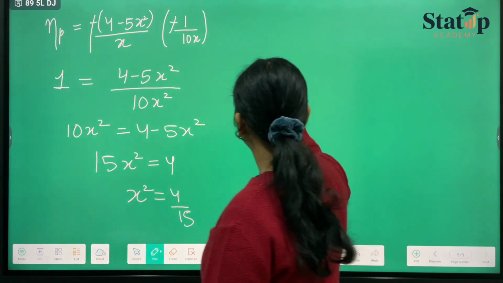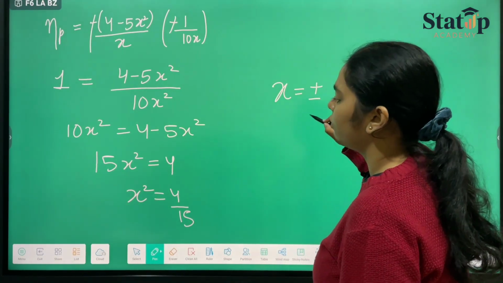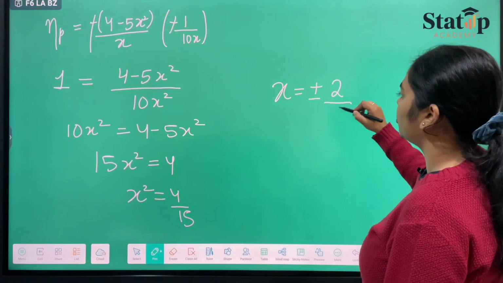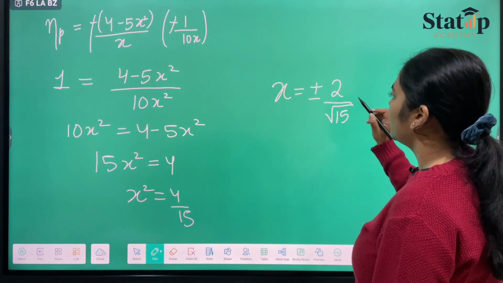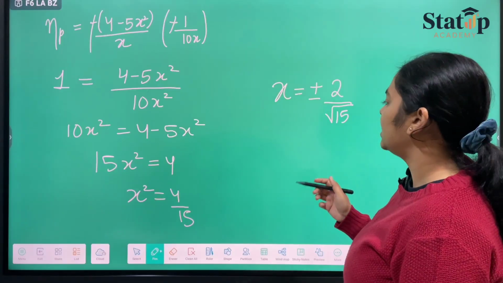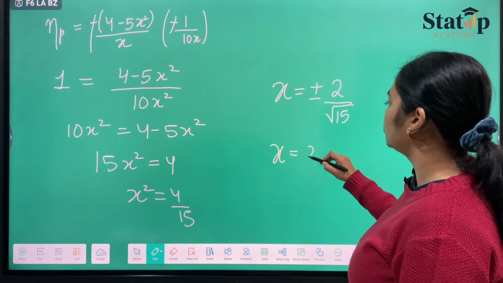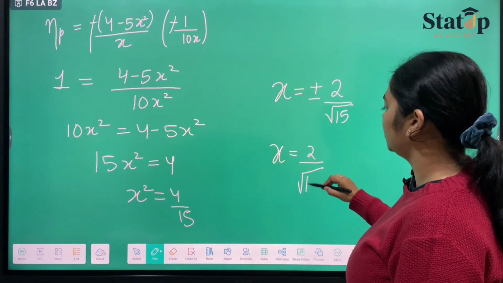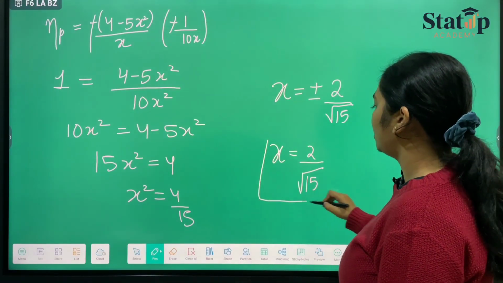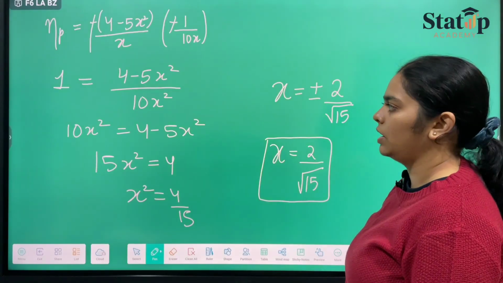And from here we can say that x is plus minus root of 4 upon 15, which will be 2 upon root 15. Now plus can be the demand, but negative cannot be the demand, so our value of x would be 2 upon root 15. That would be our answer, at which the price elasticity of demand is unity.